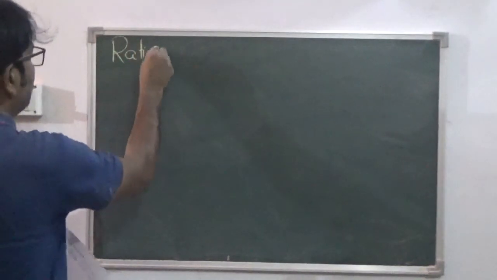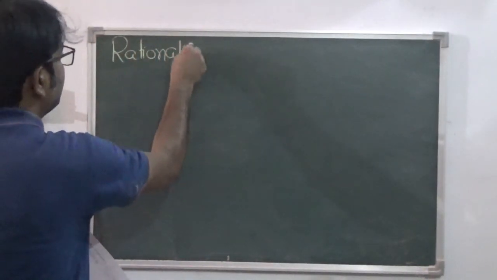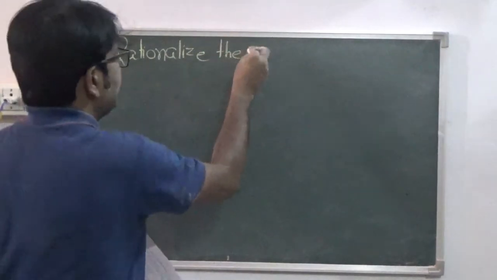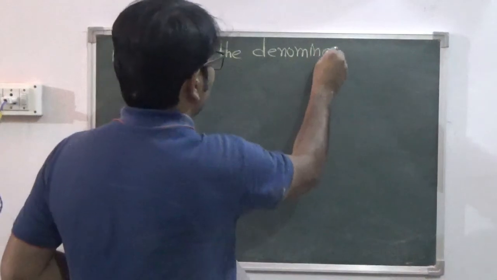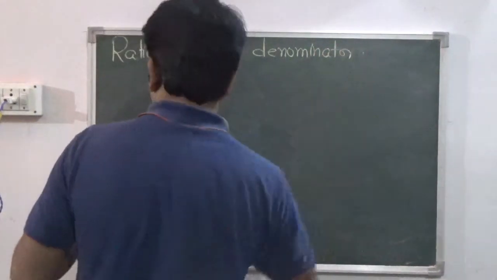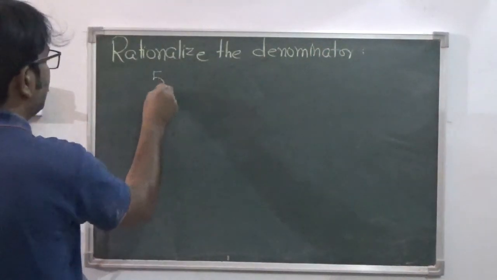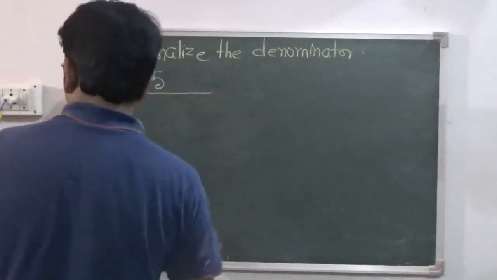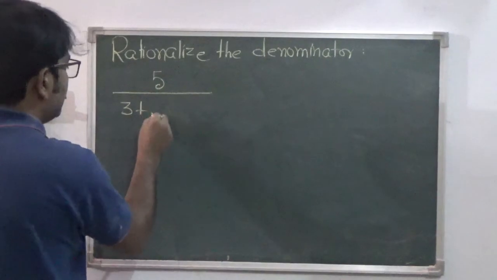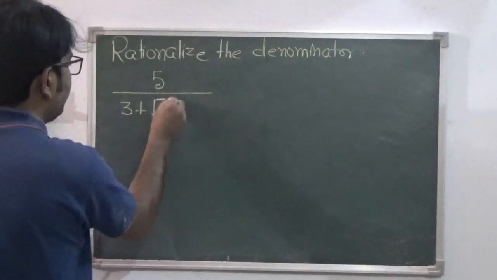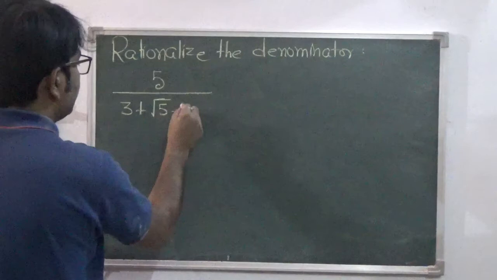Rationalize the denominator, and the question is 5 divided by 3 plus root 5 minus 2 root 2.